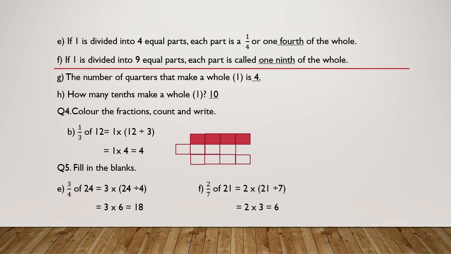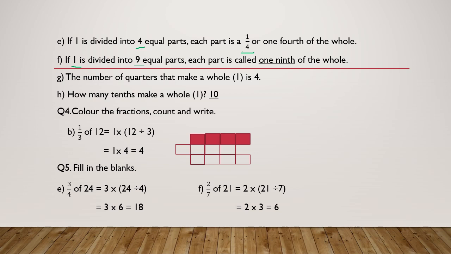See the E part. If 1 is divided into 4 equal parts, then each part is 1 upon 4 or 1/4 of the whole. Now see F part. If 1 is divided into 9 equal parts, then each part is called 1/9 of the whole.